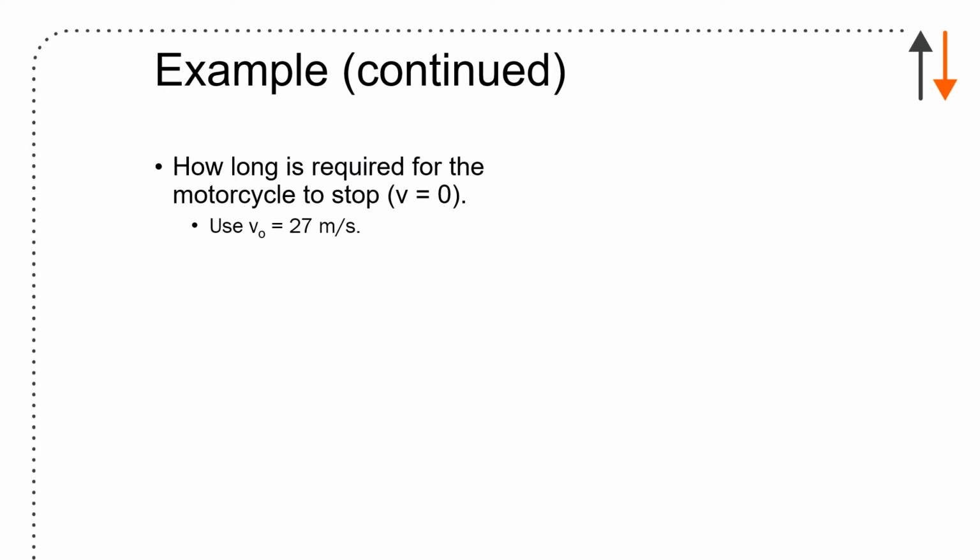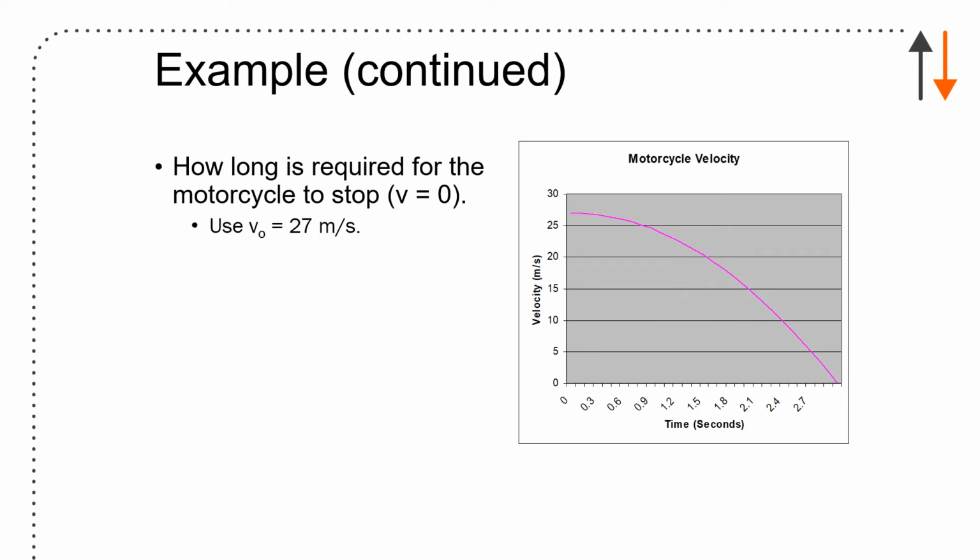How long is it required for the motorcycle to stop? Starting with an initial velocity of 27 meters per second, I can calculate it down to 0. This is done in Excel. Not very difficult to do there. There are better packages, and I will write them down.